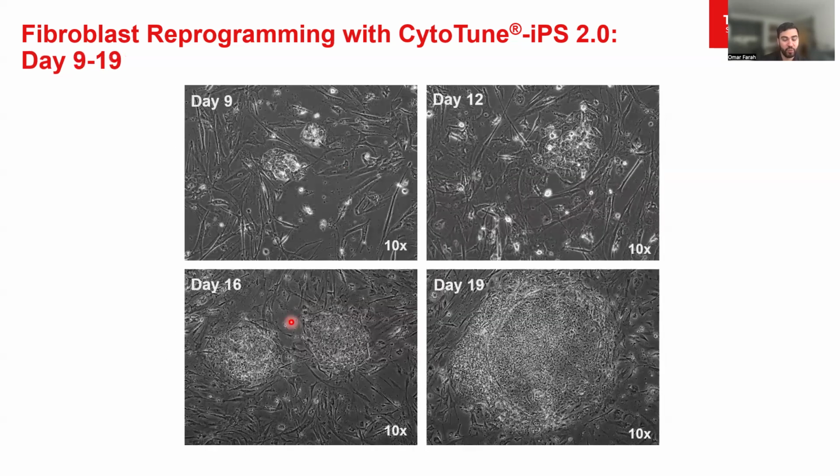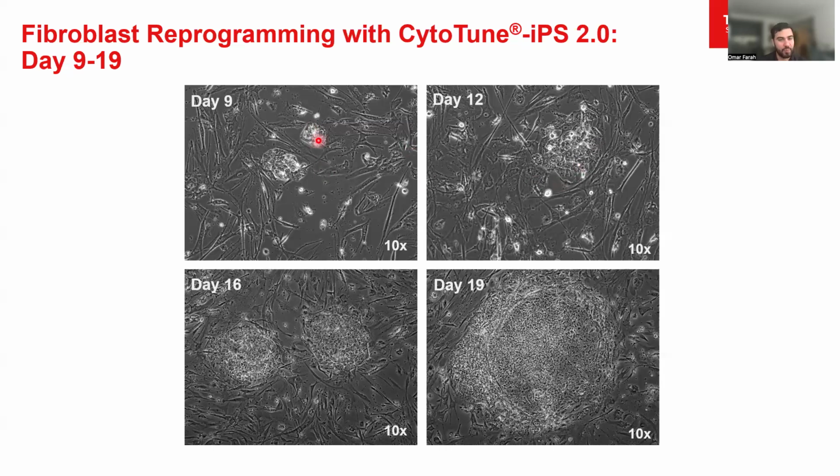Now, on day 7, we replate those cells back down either onto coated plates or on MEFs. But around day 10, we start culturing them in PSC media specifically, right? So around day 9 to day 11, you should start to see the emergence of these very distinct colonies that will continue to grow, right?